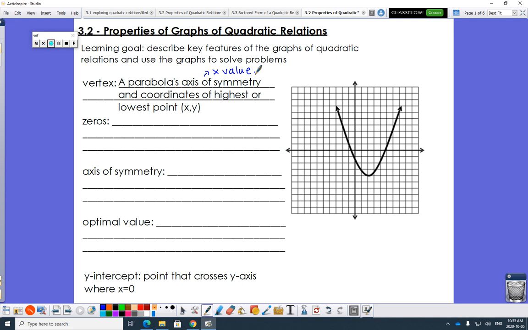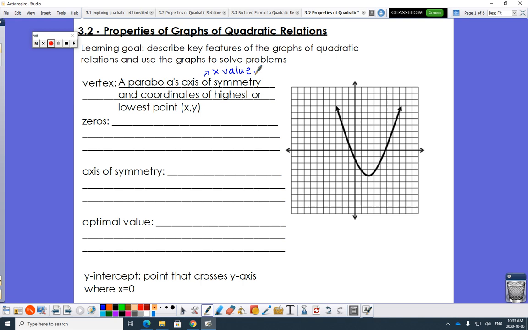When we look at the axis of symmetry, we're looking for where it is the same on both sides, okay? That's what they've chosen to do, to call the axis.